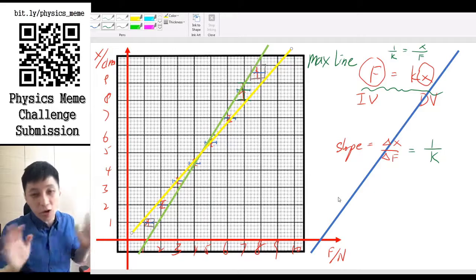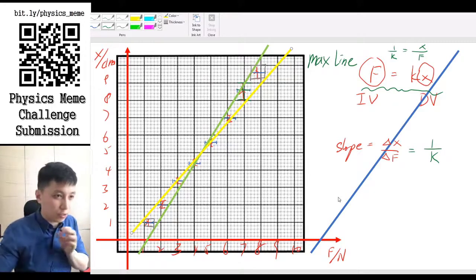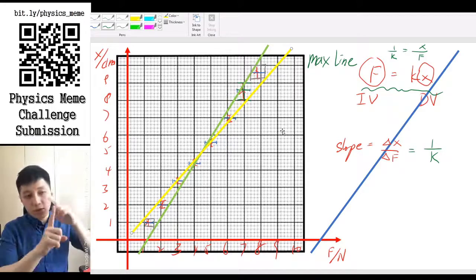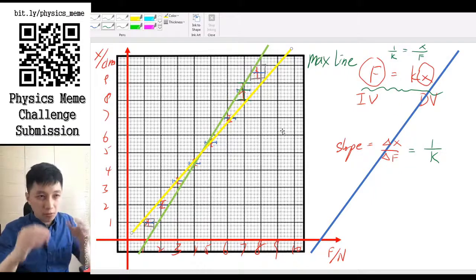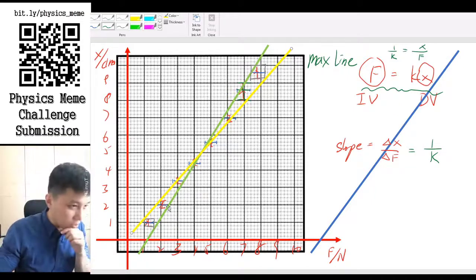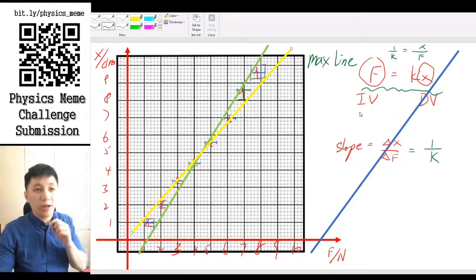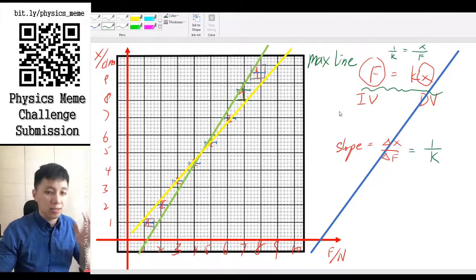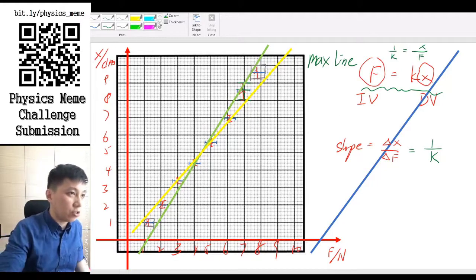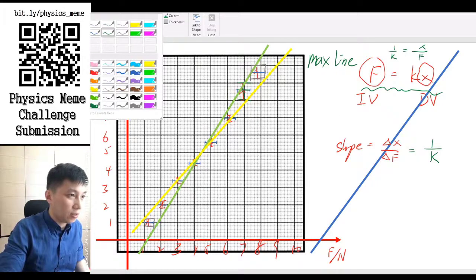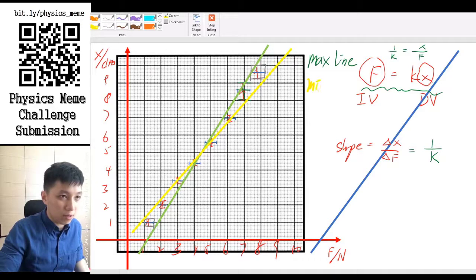It cannot always be the justified one, because you have to check once again whether those error bars are covered by the line. I think we are all good this time. So let's take this as the minimum line. Let me write down here that it is called the minimum line, for the yellow one.